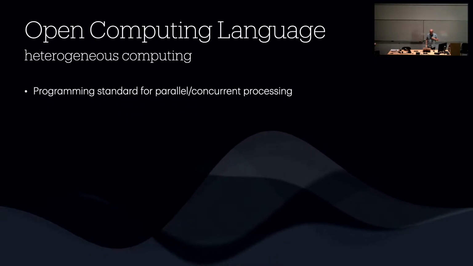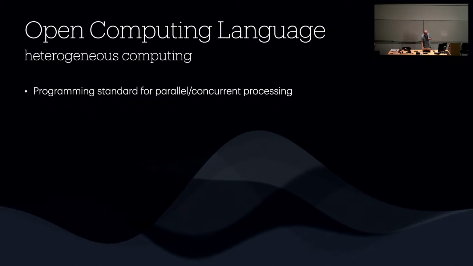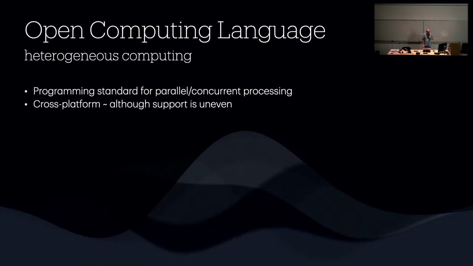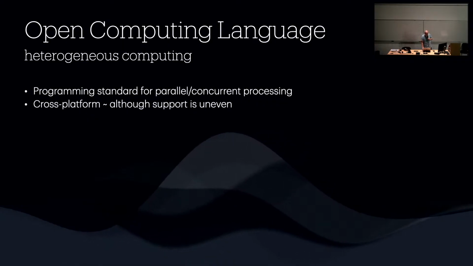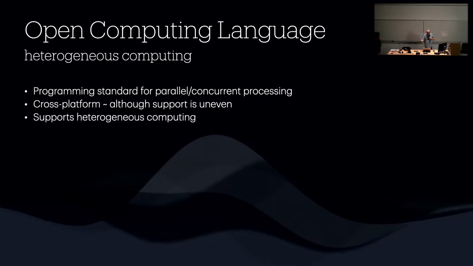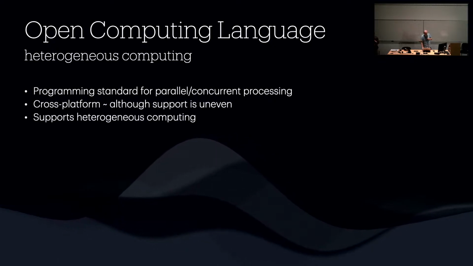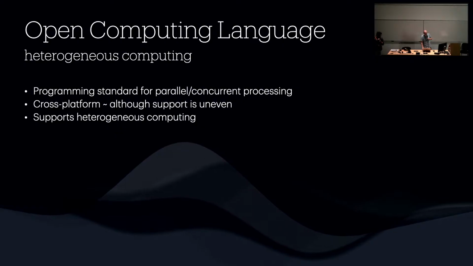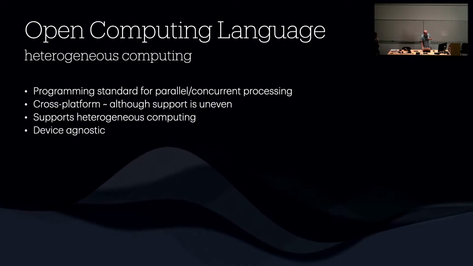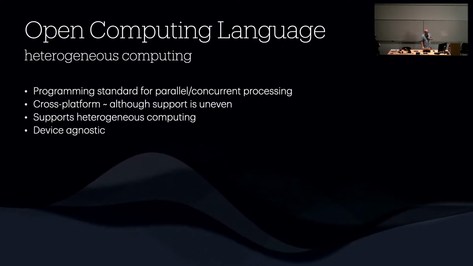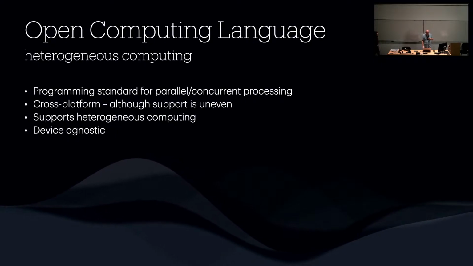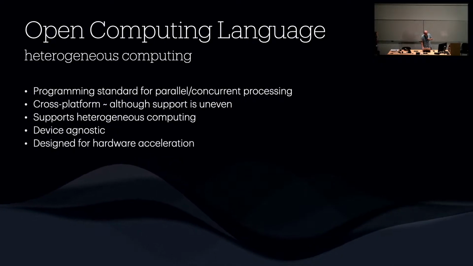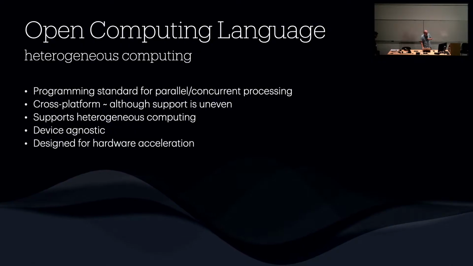It is a programming standard for parallel concurrent processing. It's cross-platform, although support is uneven, as you've seen if we play the example. It supports heterogeneous computing, so you can basically do device-agnostic parallel computing, and it's designed for hardware acceleration.